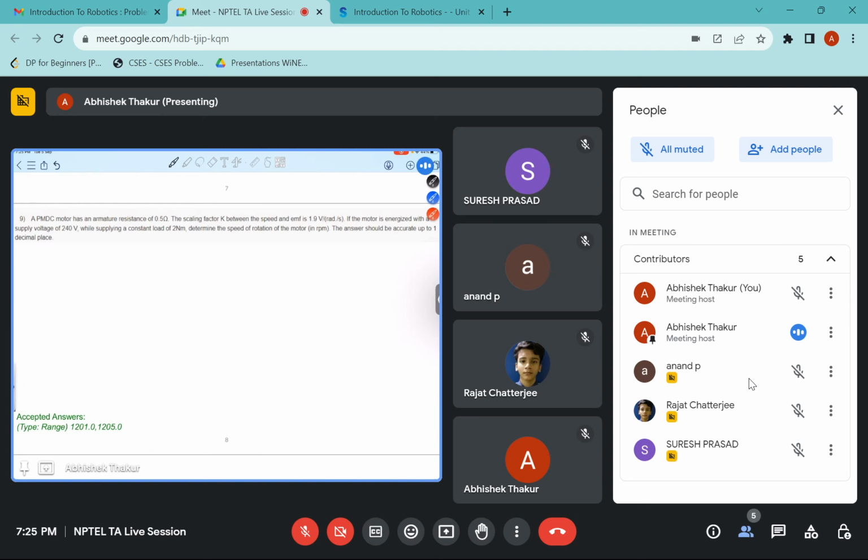So we have to find the speed of the rotation, and that too in rotation per minute. So in this question, Ra is given as 0.5, supply voltage is given as 240 volt and K is given as 1.9 volt per radian per second.